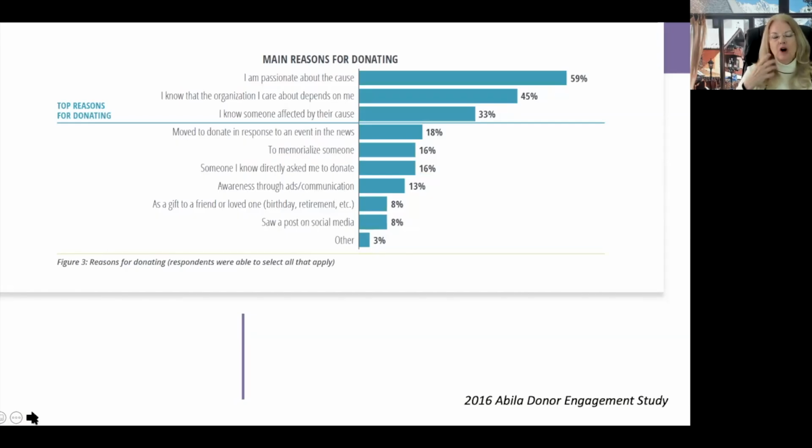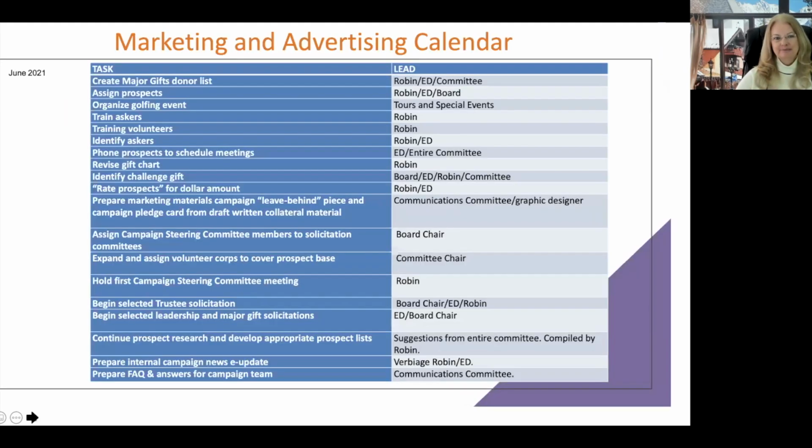So when you are looking at your new nonprofit and say, how in the world am I going to get people excited? Well, you want to get people passionate about your cause, and you want them to know how appreciative you are if they are willing to give to your cause. And be sure that you've done your research and you know if there's a connection with them and the cause.